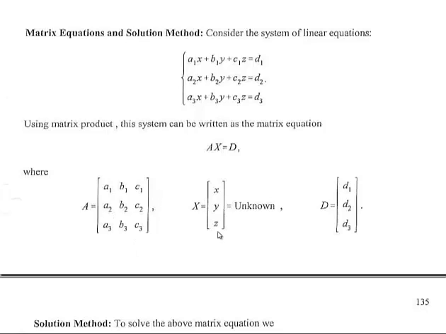We're going to have a variable matrix where we only list the variables x, y, and z. And then we're going to have the right hand side of our matrix equation, D, where we list the constants, or what we're supposed to get from the three equations. D1, D2, D3.